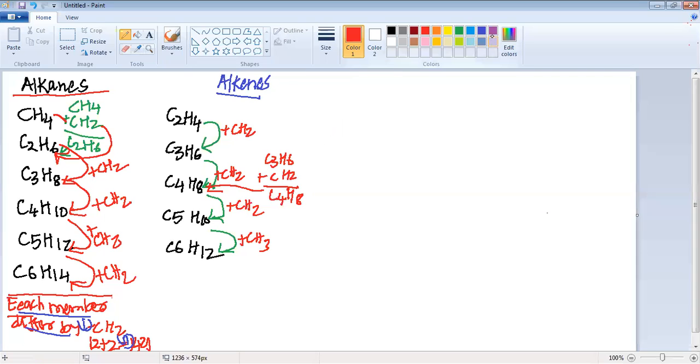Now if we think about the next one, which are known as the alkynes, we have seen various alkynes like C2H2, C3H4, C5H8, no, C5H6, it should be 8. I'm making mistake.